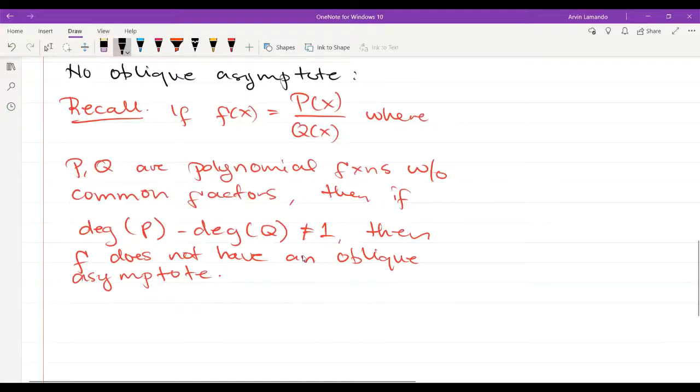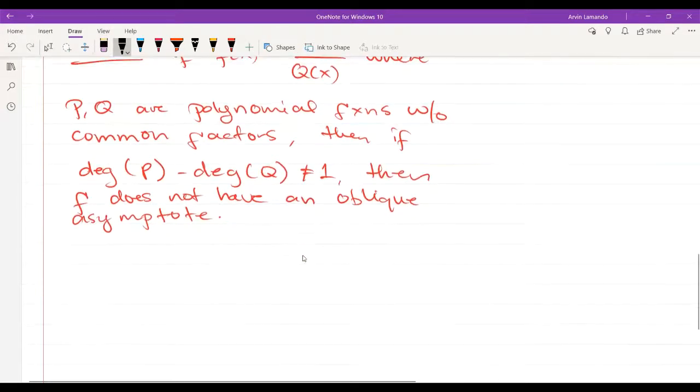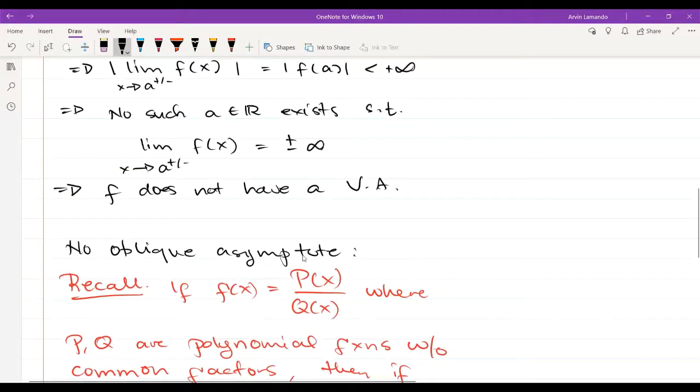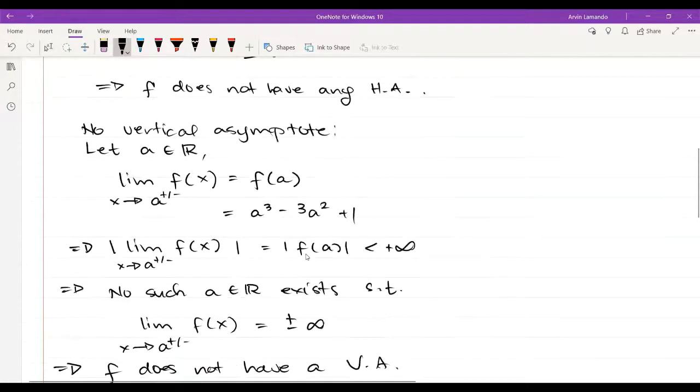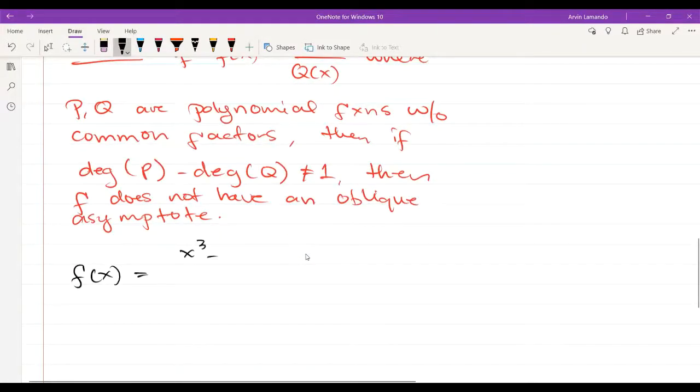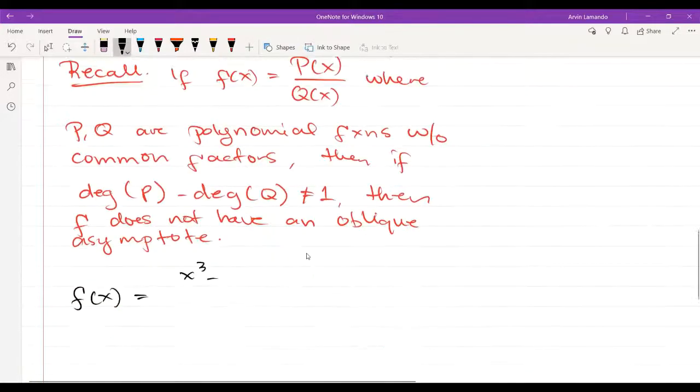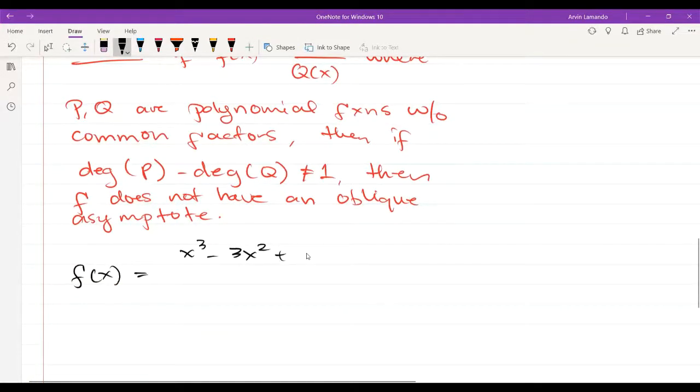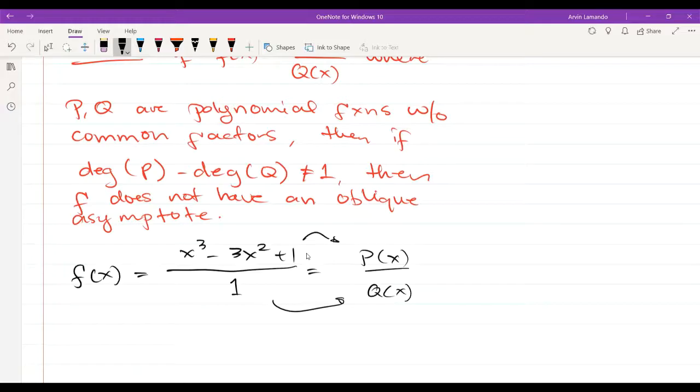So if we apply this result to f, now f of x is equal to x cubed minus 3x squared plus 1 all over 1. So this is equal to p of x over q of x, where p of x is equal to x cubed minus 3x squared plus 1, and q of x is equal to the constant polynomial 1.